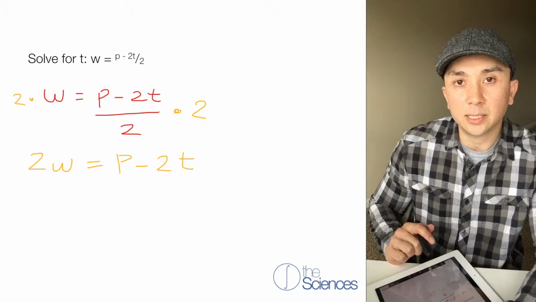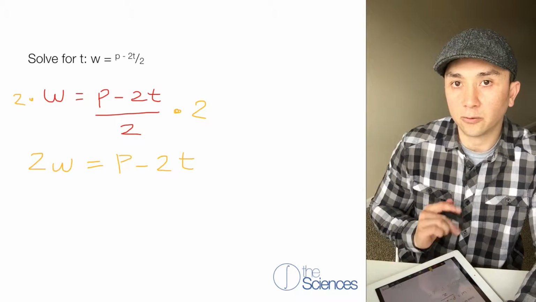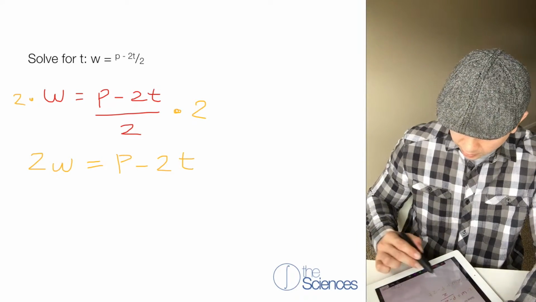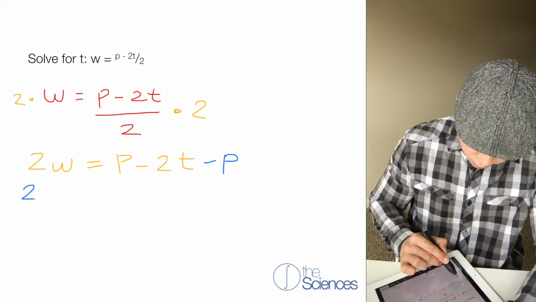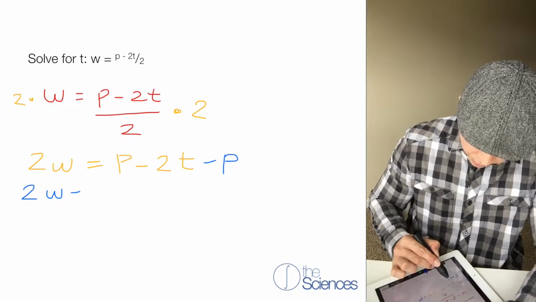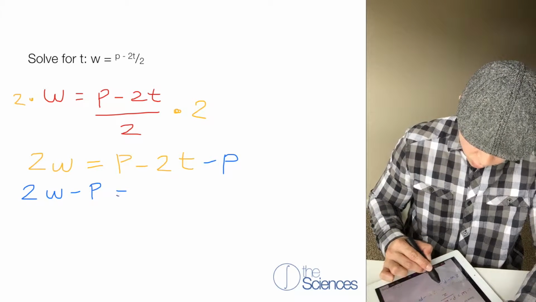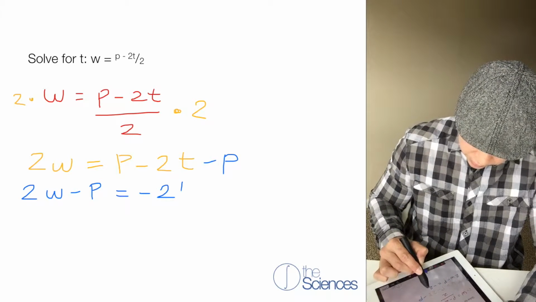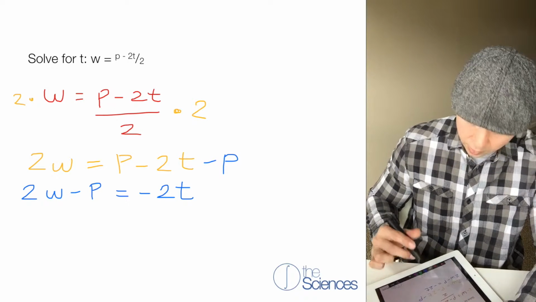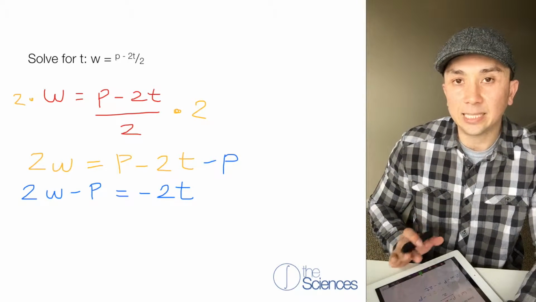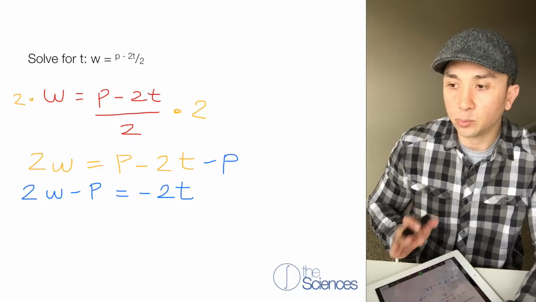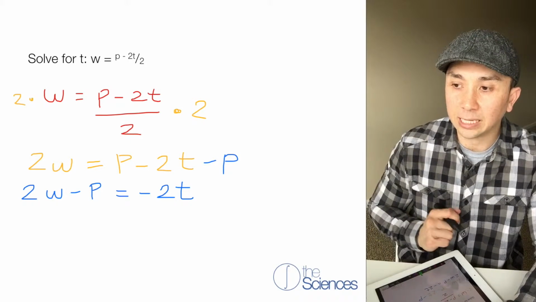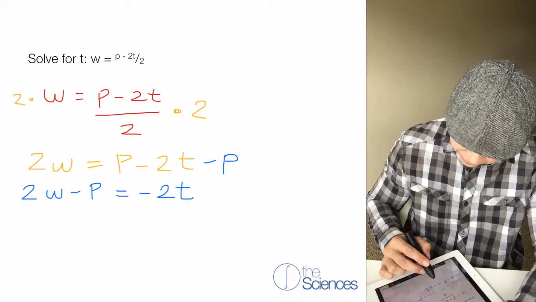So now we can isolate t on the other side of the equation by subtracting p. So now we get 2w minus p equals negative 2t. Now to isolate t, we're going to divide by negative 2 to move negative 2 to the other side of the equation.